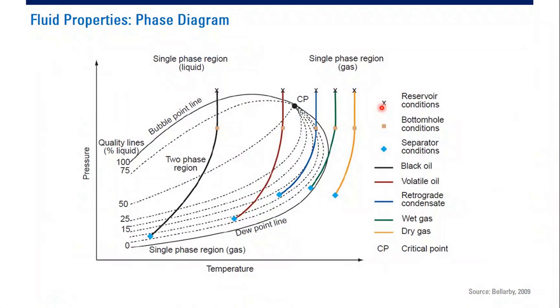Another property that is very important is the fluid property, the phase diagram. We will talk about this in another lecture about fluid properties. Here, I just want to say that because of this phase diagram, we can have an oil reservoir, a gas reservoir, volatile oil reservoir, retrograde gas reservoir, wet gas, or dry gas.